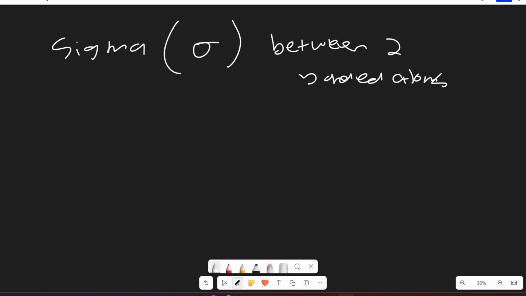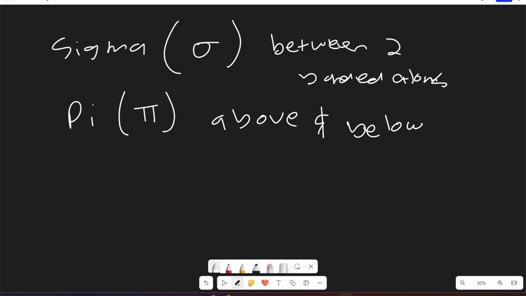And then pi bonds, obviously we all know the symbol pi. This is going to be above and below the line that is drawn, the line that's between the two atoms that are being bonded.